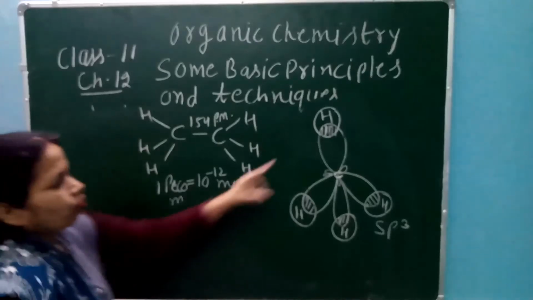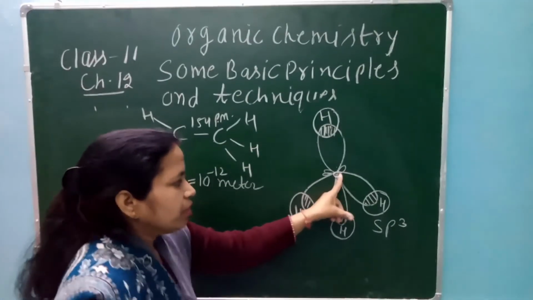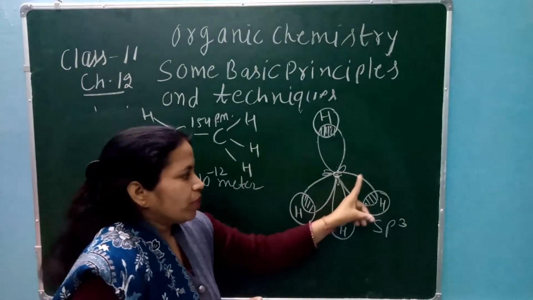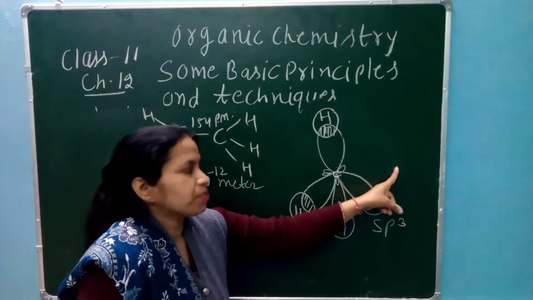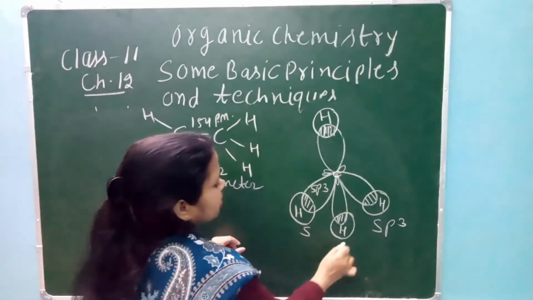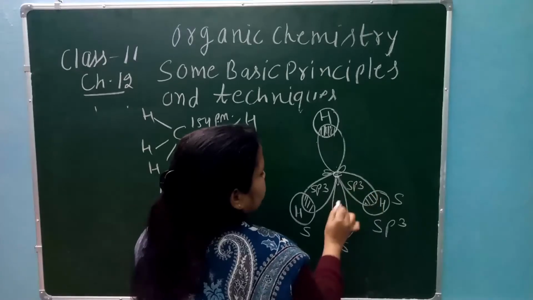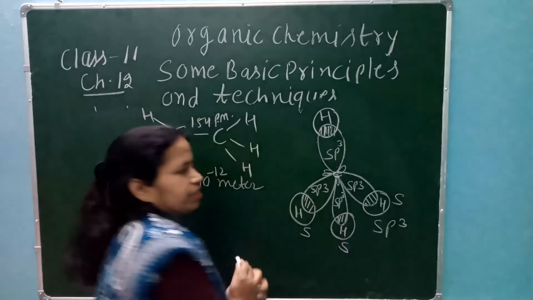Same like 1 2 3. 3 same होगा and 1 p orbital overlapping with 1 sp3 hybrid orbital overlapping with another sp3 hybrid orbital. This is sp3 and this is s. It is sp3 hybrid orbital, sp3 and sp3 hybrid orbitals.